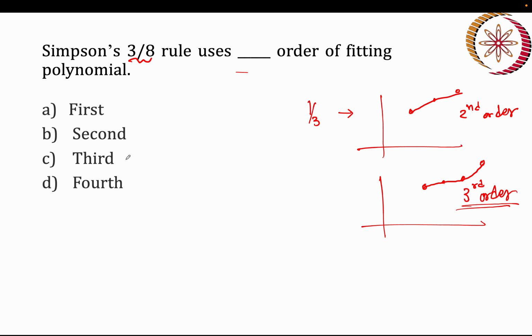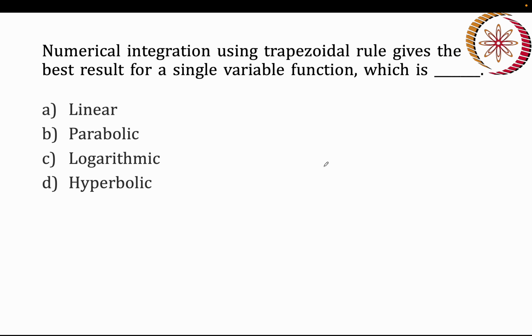In that case, you get Simpson's 3/8 rule. So that is the third order fitting. As we already have derived the expression for the 1/3 rule, you can try the 3/8 rule, finding out the expression, and then you will get this 3/8 constant at the front. You can try that as an exercise.